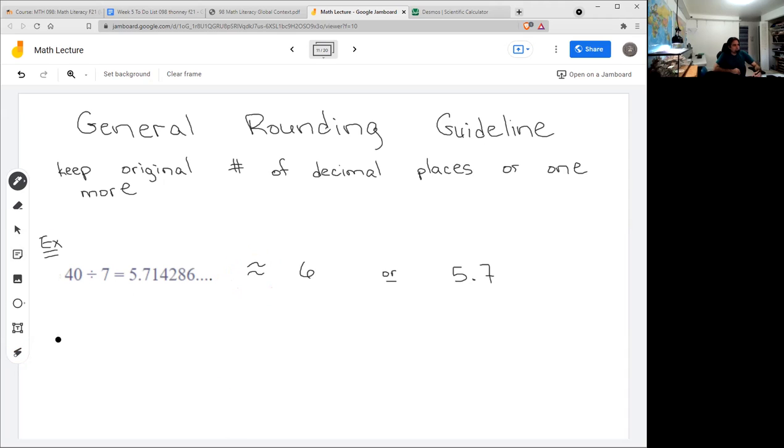If I wrote it differently, now I'm saying I've measured my original things more carefully. I'm using a better electronic scale at the pharmacy or whatever my situation is. So because I am this accurate to start with, I shouldn't toss that away.